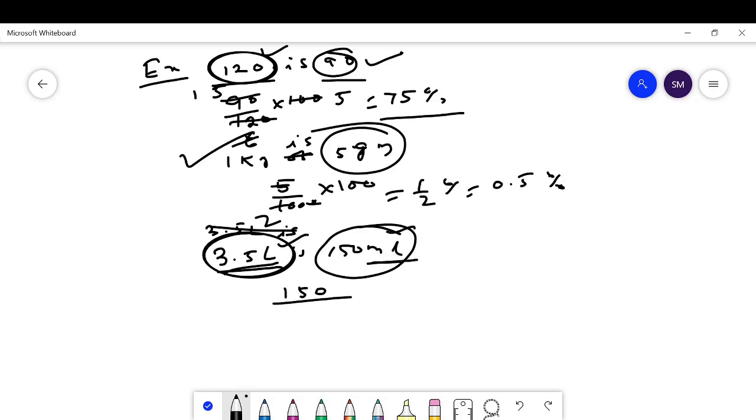Here one is milliliter and the other is liter, so at first convert into milliliter. 3.5 liter means 3500 milliliter. Then convert it into percentage by multiplying with 100. This is 30 upon 7%, which means 4 whole 2 upon 7%.